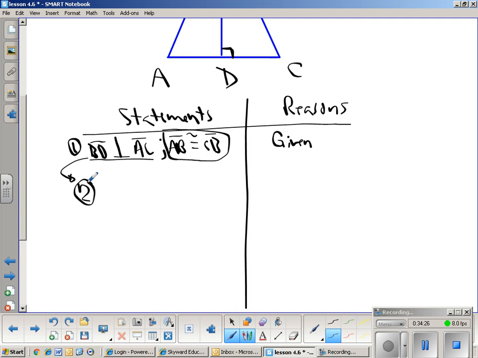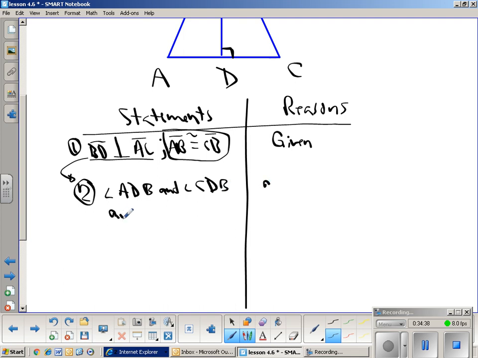So we're going to say angle ADB and angle CDB are right angles. Okay? How did I know they were right angles? Definition of perpendicular. That's right. So definition of perpendicular.